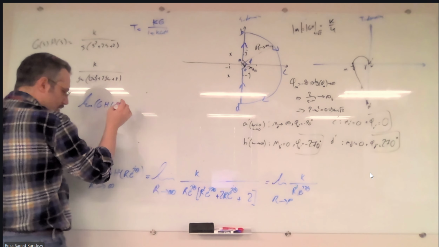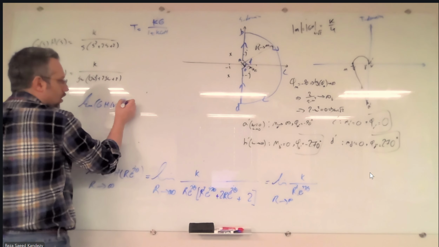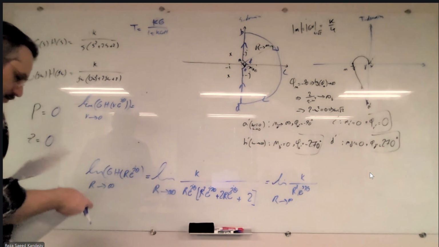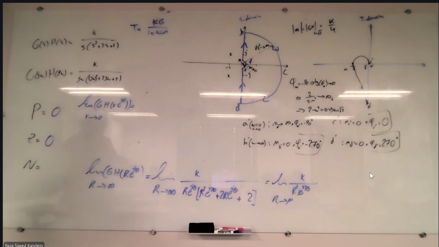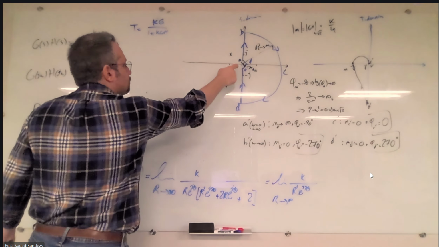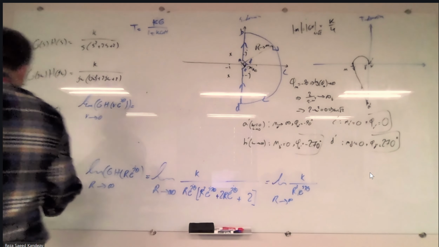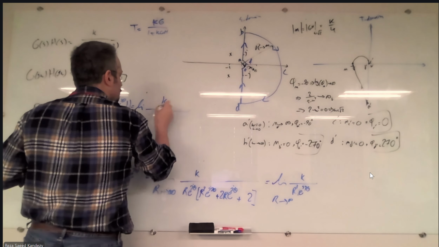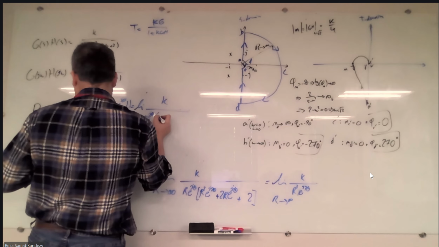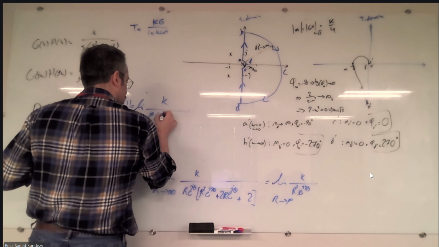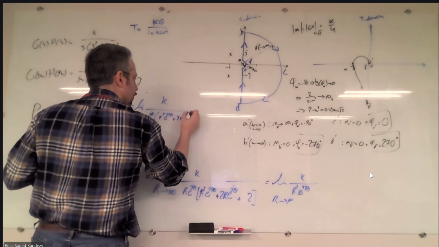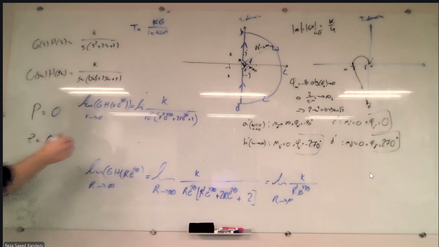G of H of r e to the power of j theta, when r goes to 0, then the transfer function that we have for that part of the contour for EFA is going to be the limit of K over r e^(j theta) times r squared e to the power of j2 theta plus 2 r e to the power of j theta plus 2. Very good? And r goes to 0.